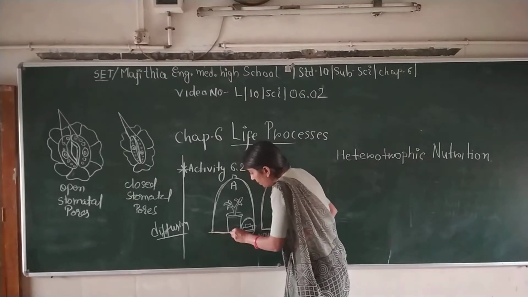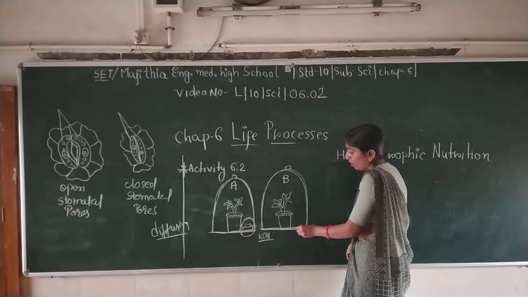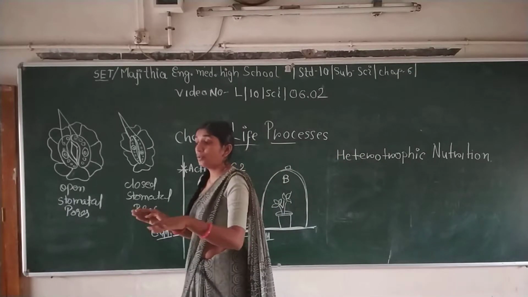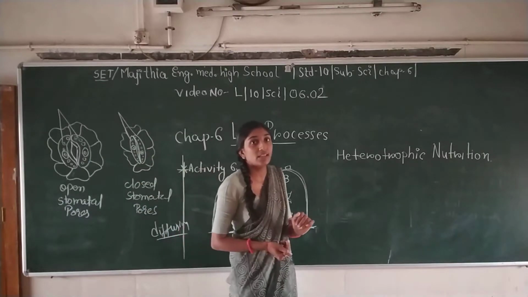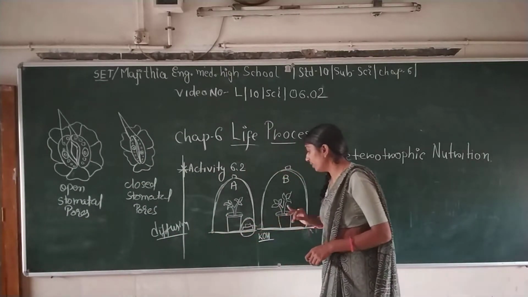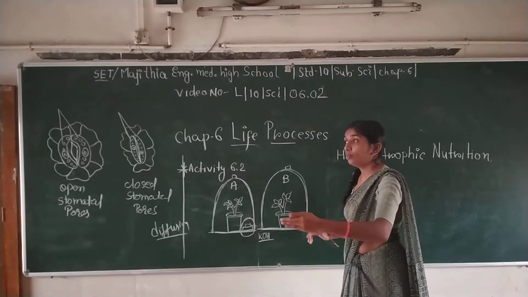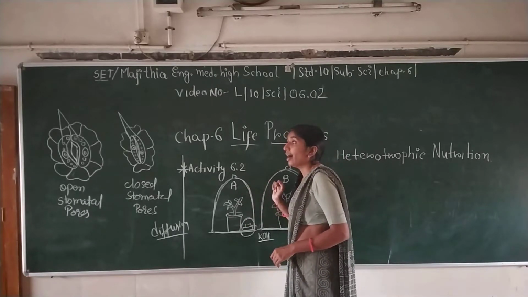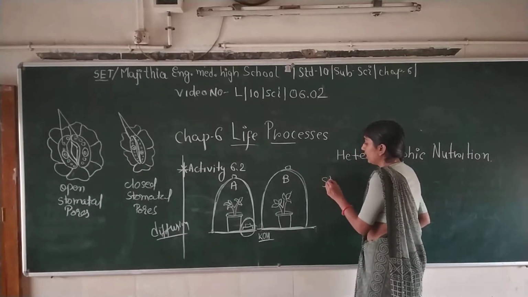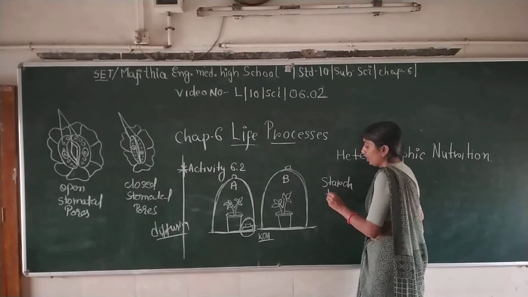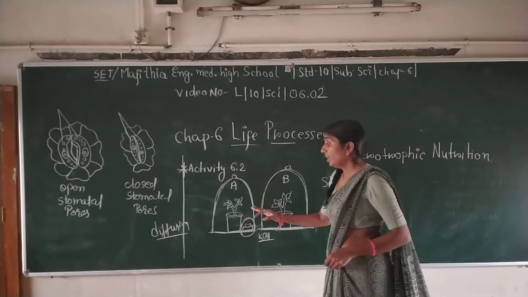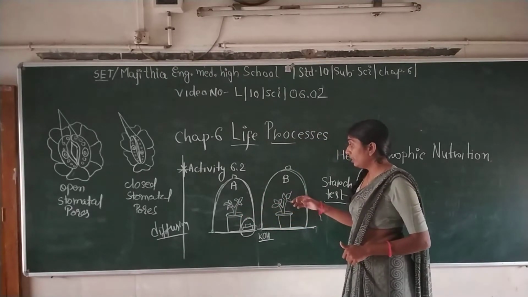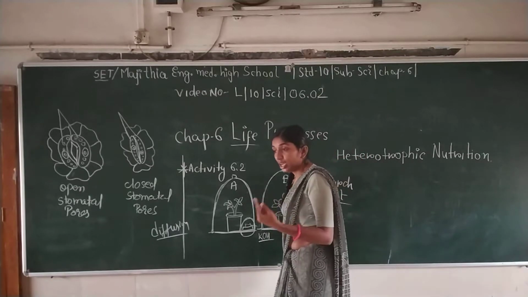We also apply Vaseline to seal the setup. Then we do a starch test, and we will see that in plant A there is no starch formation, and in plant B starch formation occurs.